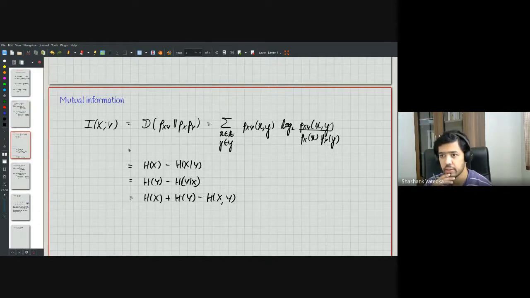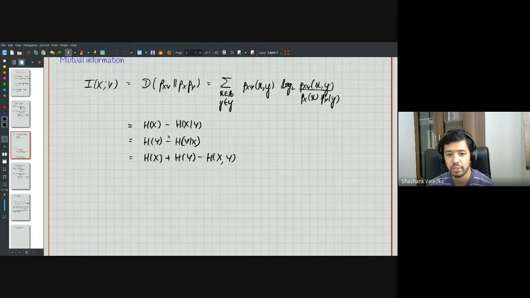Right? And then we also defined the mutual information between two random variables. And there are, again, different ways of writing the mutual information. One way to write it is using the KL divergence. So it is a KL divergence between the joint distribution of x and y and the product of the marginals of x and y.